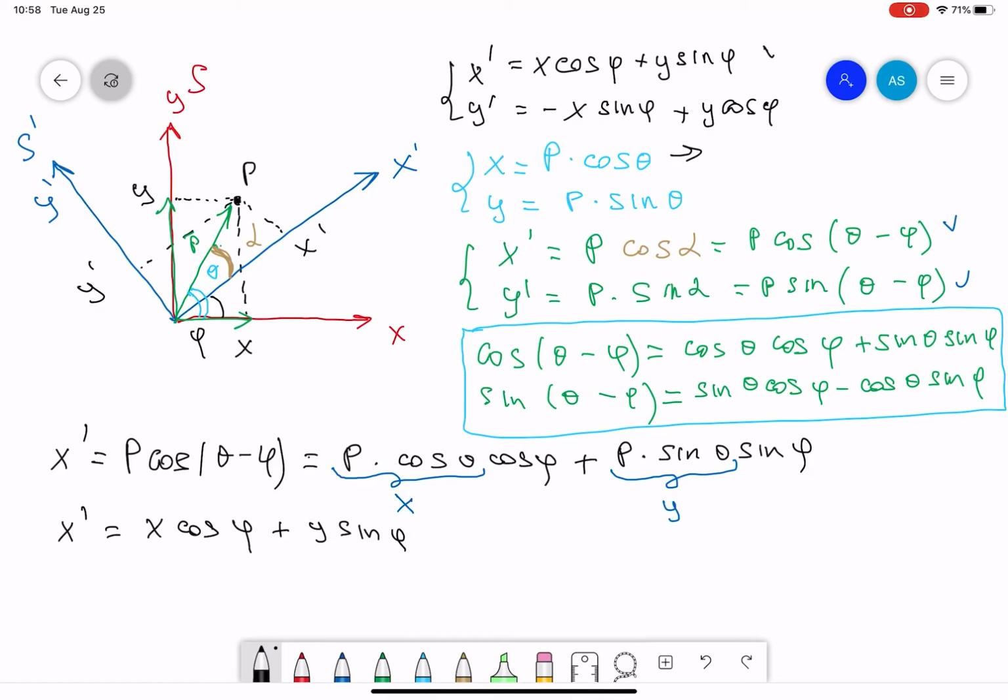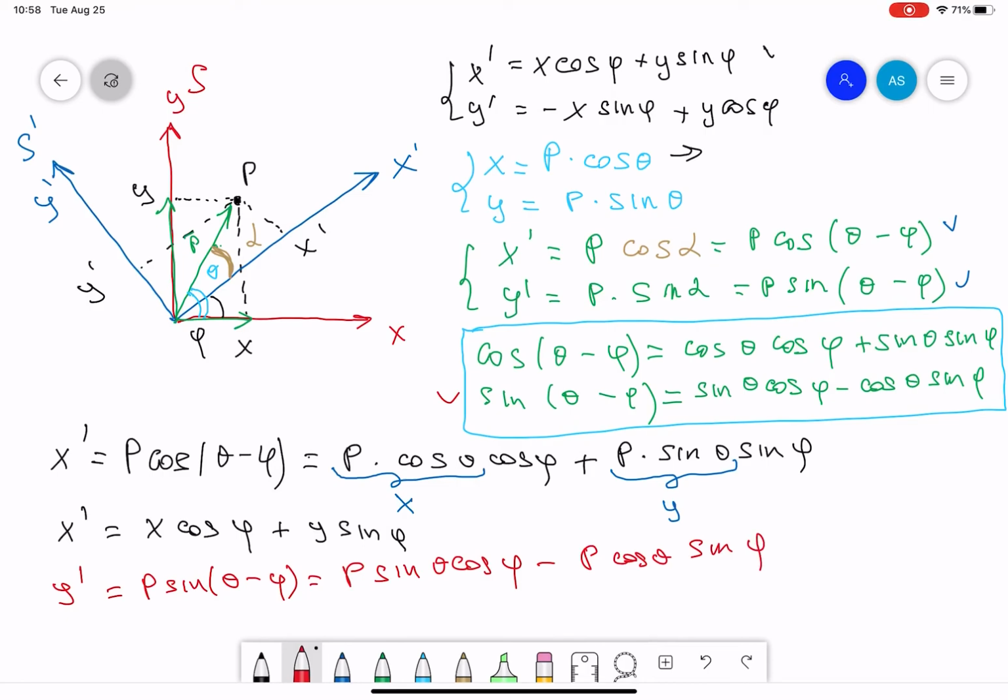What about y dash? For y dash, we can say that it was P sine of theta minus phi, correct? So using this one, that is P sine theta cos phi minus P cos theta sine phi. Again, P sine theta is equal to y, and P cosine theta is equal to x.